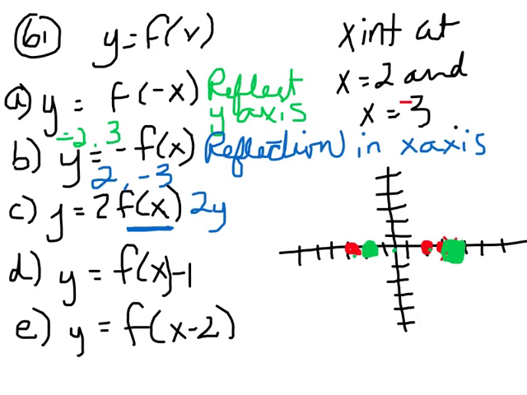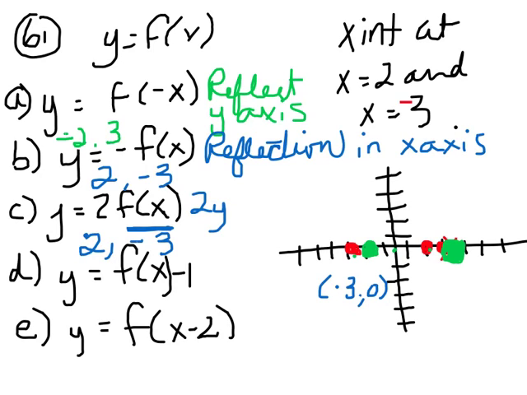So my original 2 is still an x-intercept. And likewise, if I had a y value of 0 at negative 3, remember that's the point negative 3, 0, if I multiply the y value by 2, 2 times 0 is 0, it means that's still the x-intercept because the y value is still 0. So I'm going to have my original also on C.